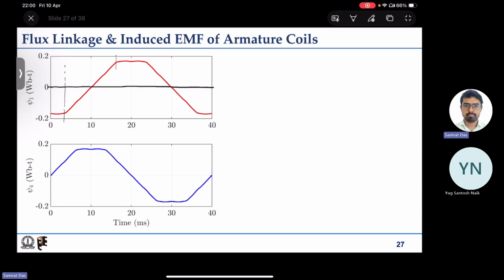So this interval first is T1 to T2, then T2 to T3, where it keeps on ramping almost linearly, then T3 to T4, T4 to T5, and T5 to T6. These are the instants. You can see between T1 and T2 the flux linkage remains reasonably constant.